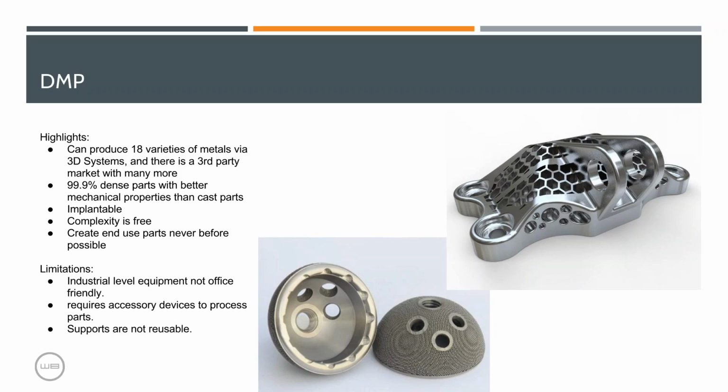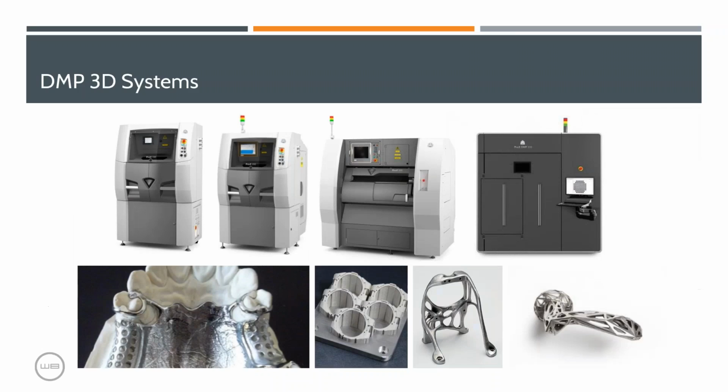Again, it's industrial grade, requires accessories for post-processing, and the supports are not reusable, so it's not as efficient as color jet printing would be, or SLS. So this is our line of metal printers, ranging from a very small, basically 3-inch cube, all the way up to our DMP 320, which can produce a relatively large part.